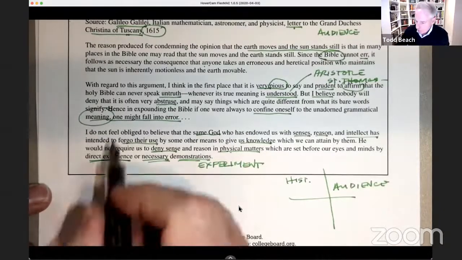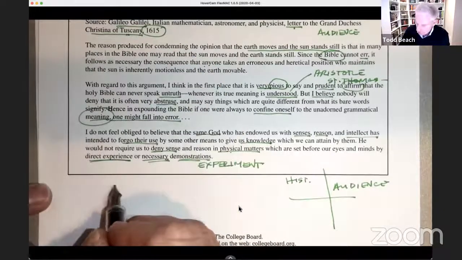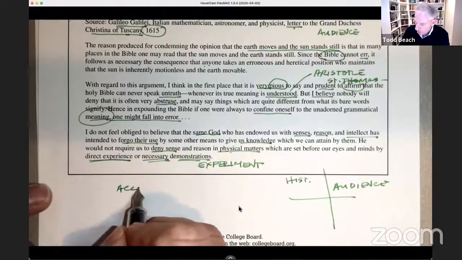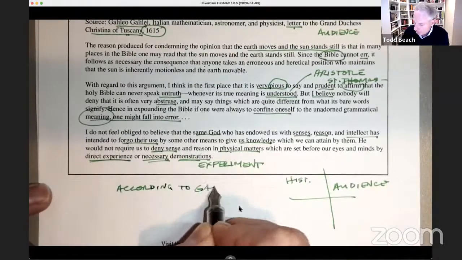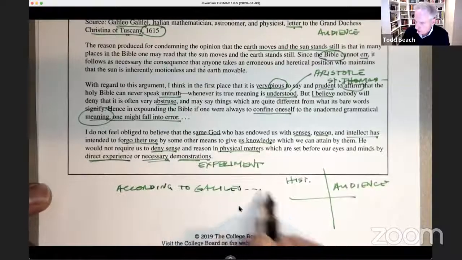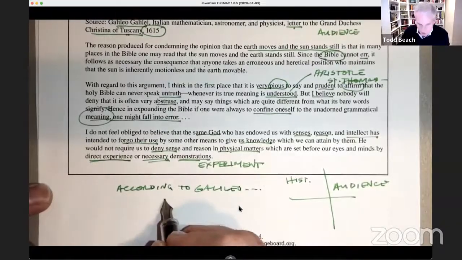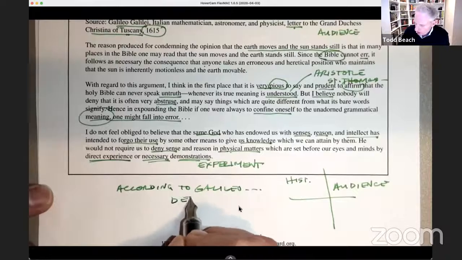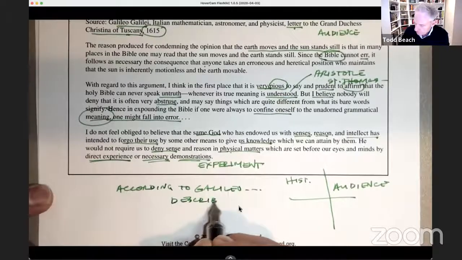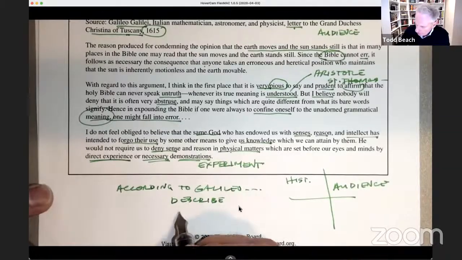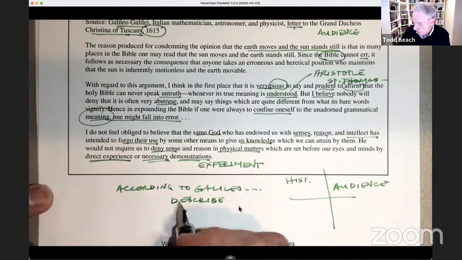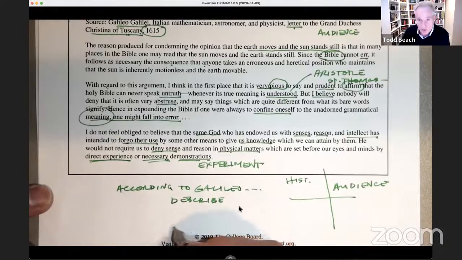Okay. And remember, I want to begin with my attribution. So according to Galileo, right? Then I want to have a describe of the documents. And then I want to say, if I'm doing the historical situation, I would say something very direct.